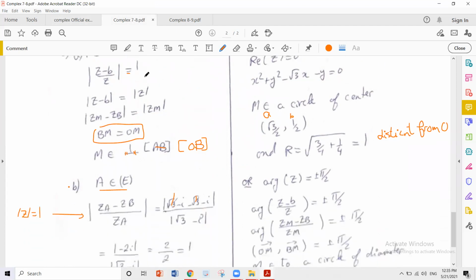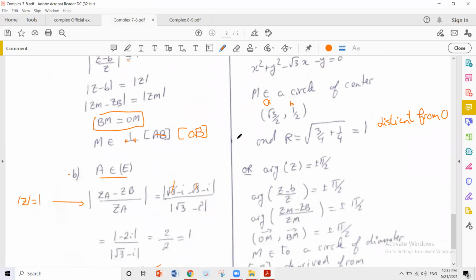Or I can solve it by another method. For a complex number to be pure imaginary, its argument is either pi over 2 or minus pi over 2. To be real, its argument is either 0 or pi.